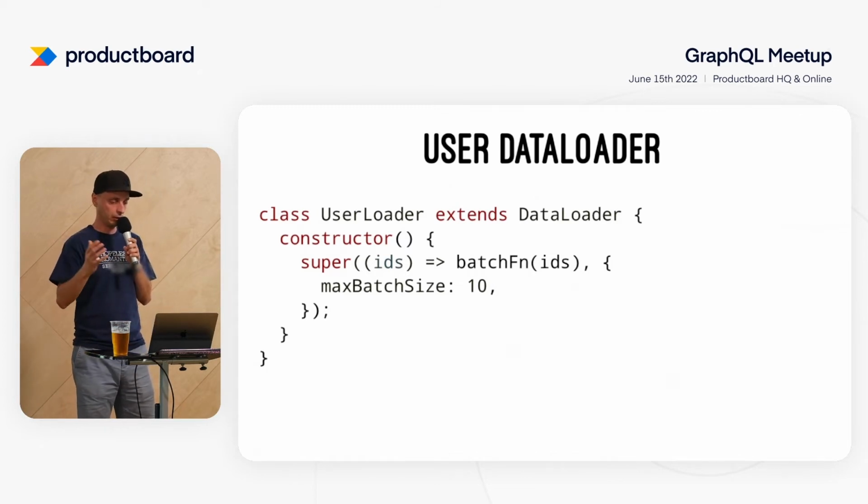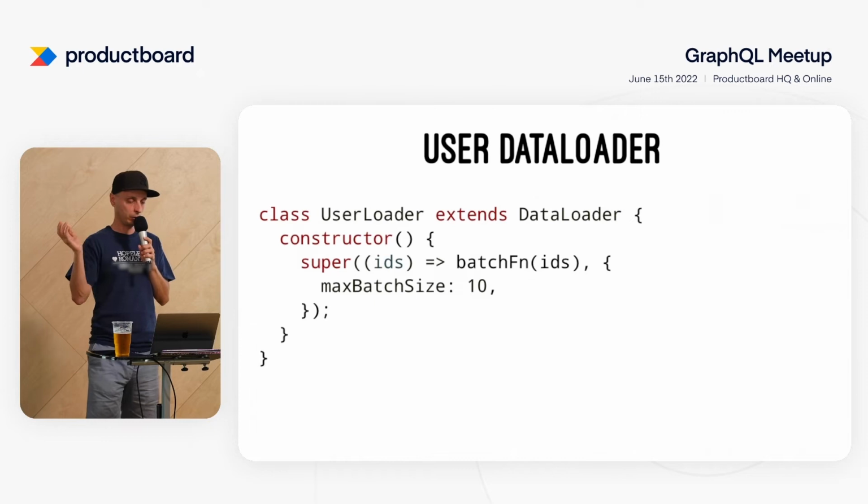The data loader constructor can also get some options. The first option I want to mention here is this max batch size, because it can happen that you construct a really long URL, especially if you are using UIDs, not only integers. That URL can get really long. It could lead to some errors. So imagine you can just provide this option.